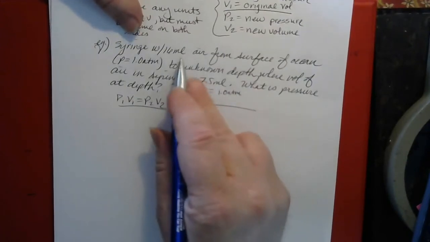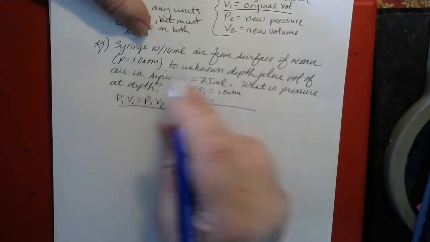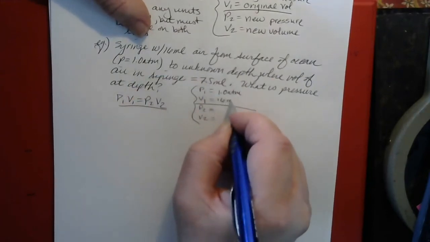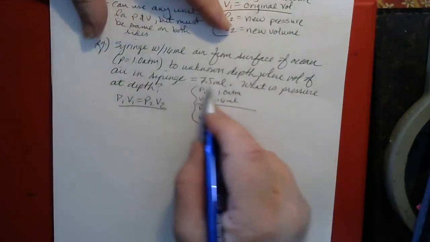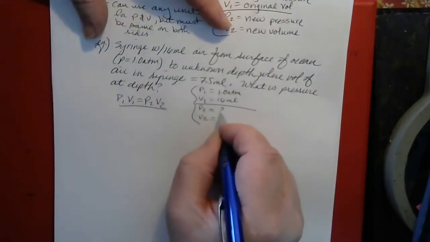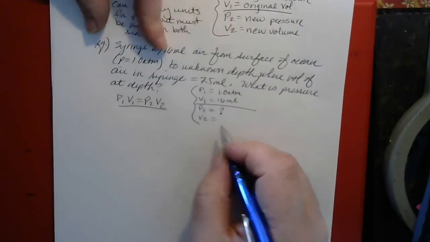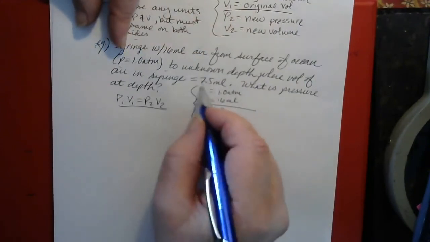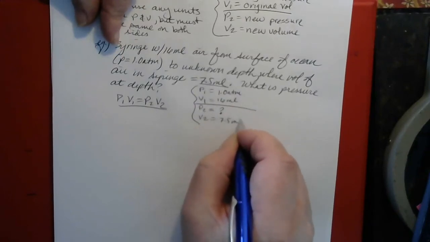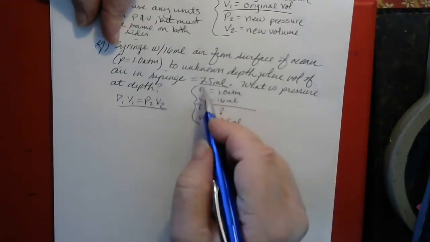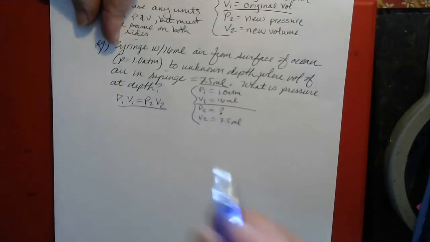V1 would be the volume at 1 atmosphere, which is 16 milliliters. P2, that's actually the pressure that we're being asked for, so that's the unknown. And V2 would be the volume at that pressure, which is 7.5 milliliters. Okay, so these are the quantities we're going to put in the equation.